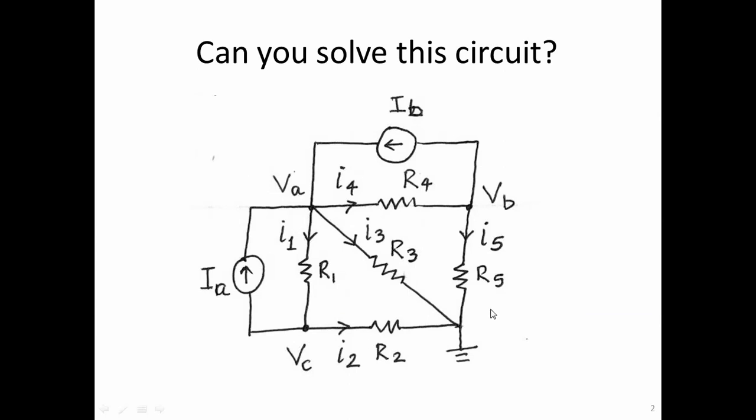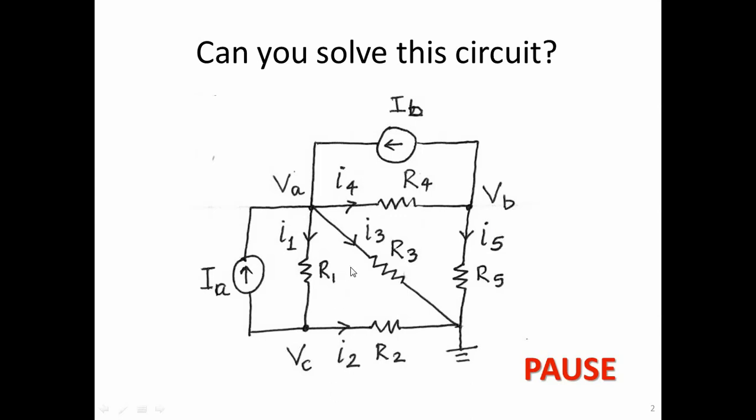What I would like you to do is pause this video and try and solve this circuit. You've solved circuits before in your 11th, 12th and all, and you've learned some what I would call ad hoc methods to solve circuits. Now try and apply these methods you have learned to find VA, VB, VC and these currents.